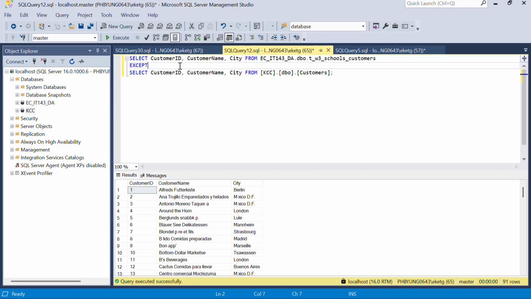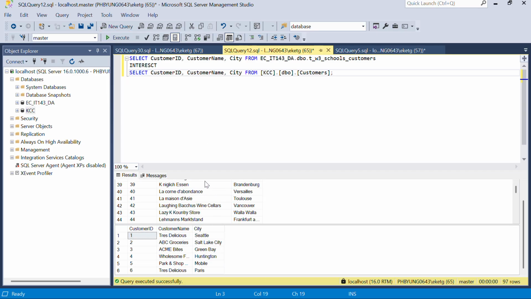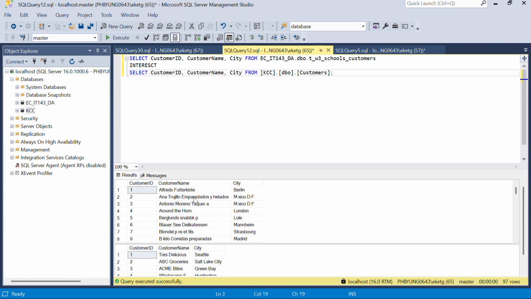If I use intersect, it gives me 2. So it presented the first table and the second table. Let's run it again. It gives me 2 tables, the first and the second table.